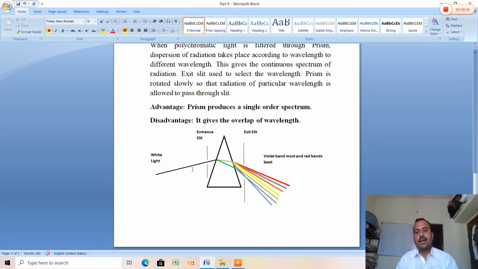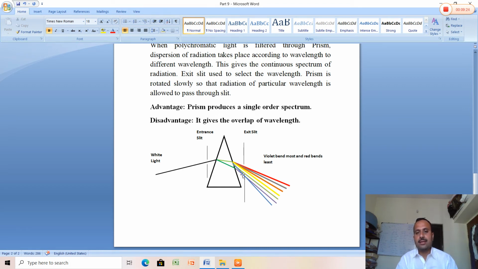Now this black line indicates the path of the white light, which is bombarded on the surface of the prism. Here dispersion takes place and refraction takes place, into the different seven colors.